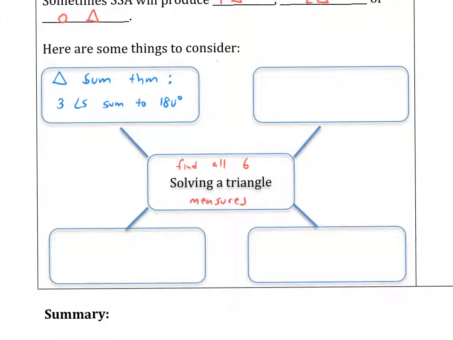Another tool is that if you have a right triangle, we've got Pythagorean theorem. We also have trig ratios to use, SOHCAHTOA in other words. So those are helpful. We also have law of sines. And let's see, when can we use the law of sines? And when can we use the law of cosines?